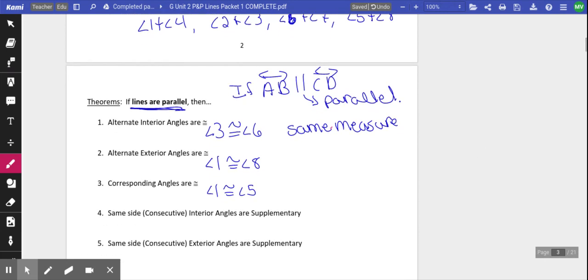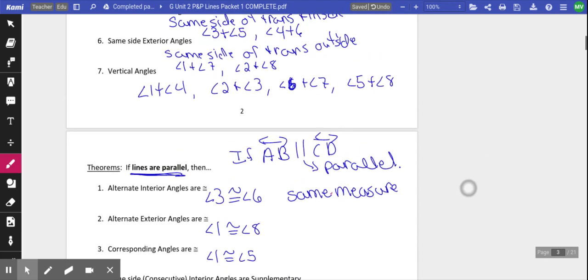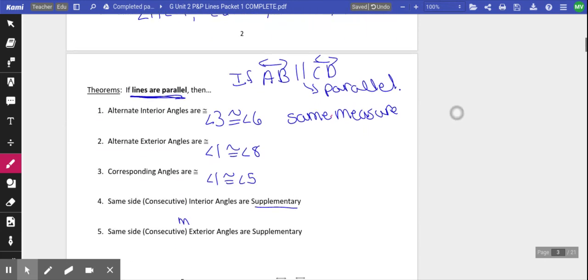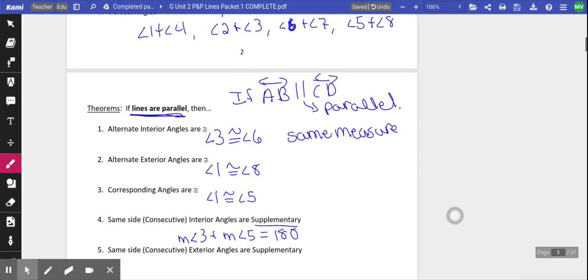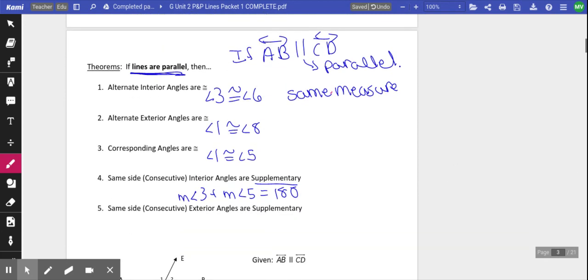Remember, supplementary means they have to add to 180. So if I said the measure of angle 3 plus the measure of angle 5, those would equal 180. And then same side exterior are also supplementary. So that would be the measure of angle 1 plus the measure of angle 7 equals 180.